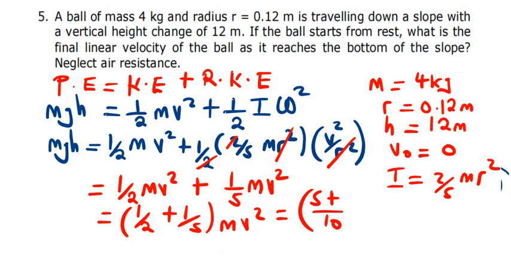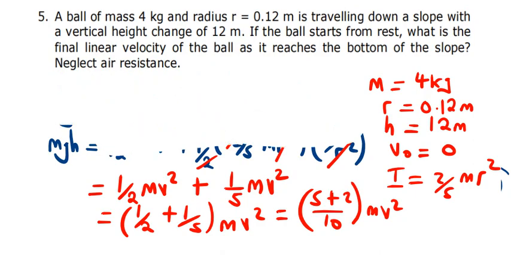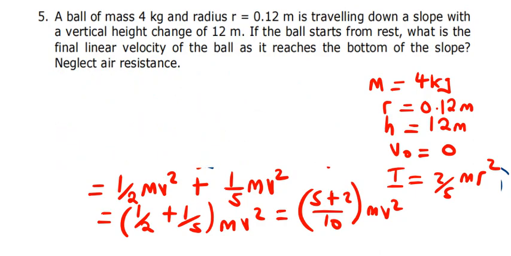Then 5 into 10 is 2, and 2 multiplied by 1 on top is 2. Then I have my mv squared. So we have 5 plus 2, that is 7 over 10. Then I have mv squared.